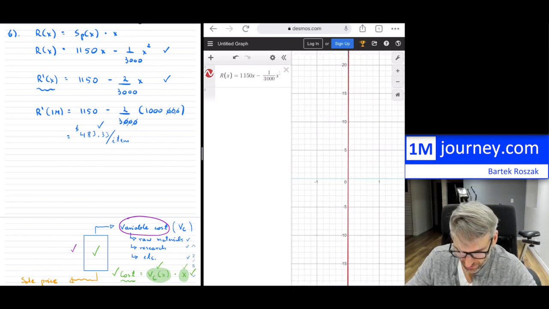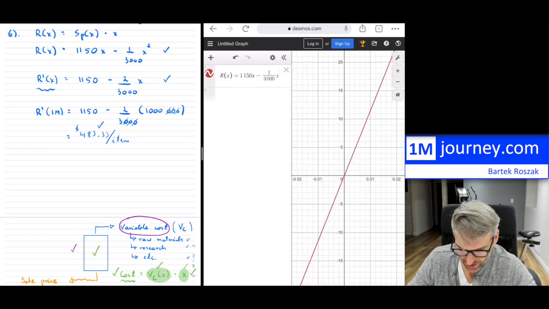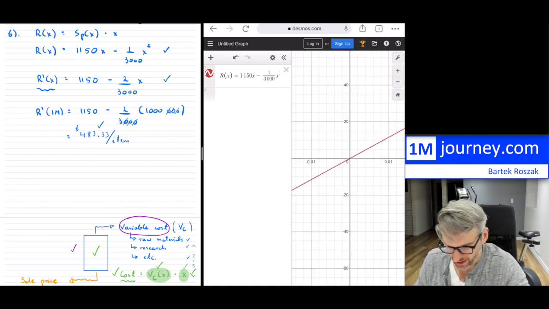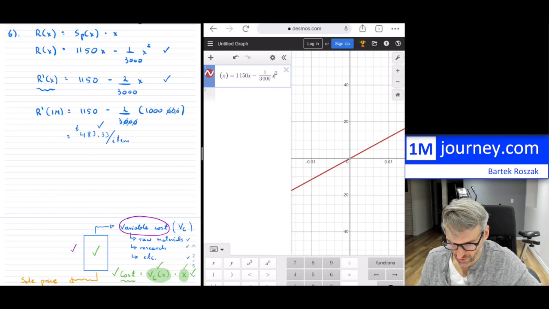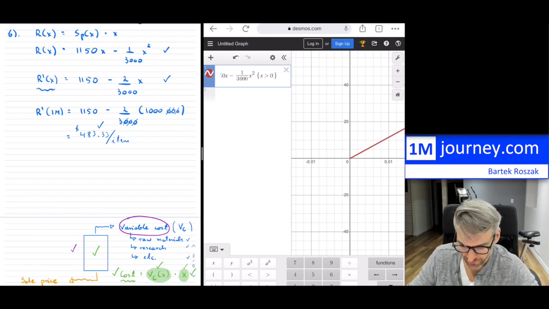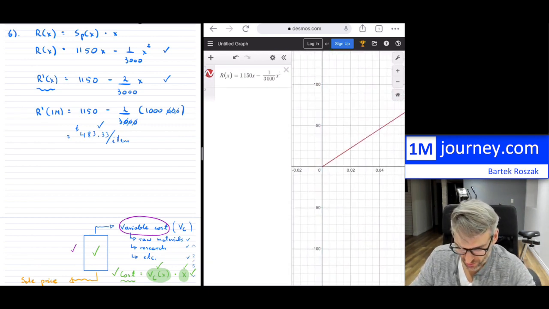Of course, this is going to be some chaotic function. Because it's x squared, we have to be careful and set guidelines. So I'm going to assume x is greater than 0, for 1 or more.